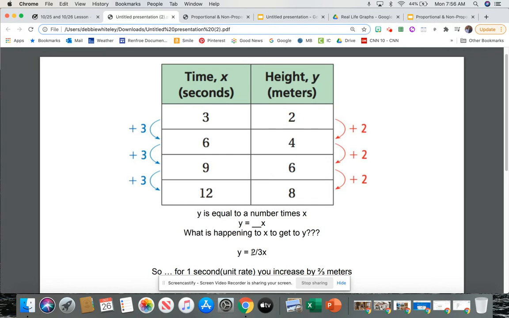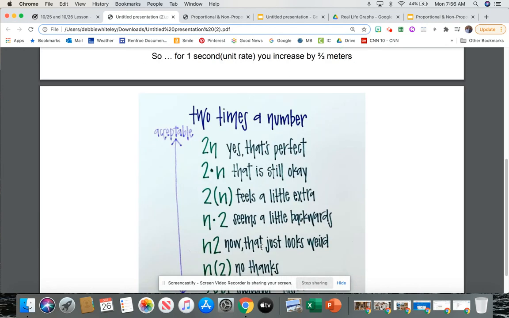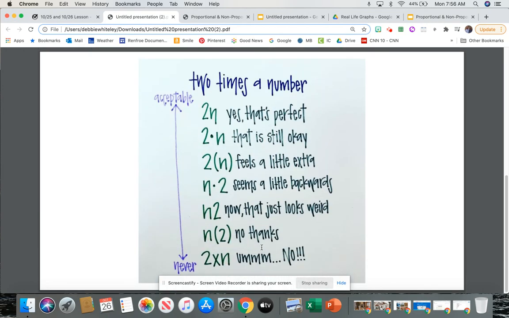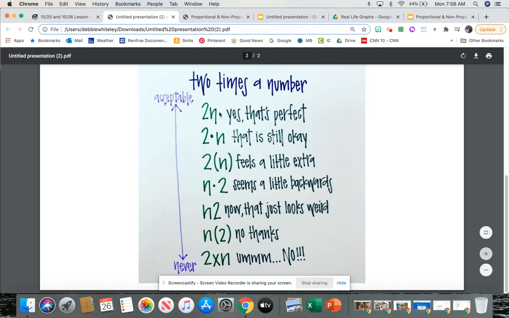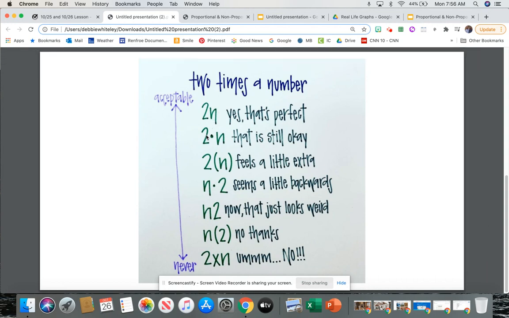And remember that whenever you see a number right next to X, in algebra, we know that a number right next to a letter means that you are going to multiply them. 2n, for example, is great. 2 times n, it's still okay. This one, 2 parentheses n, does mean to multiply, but it feels like that's a little too much.